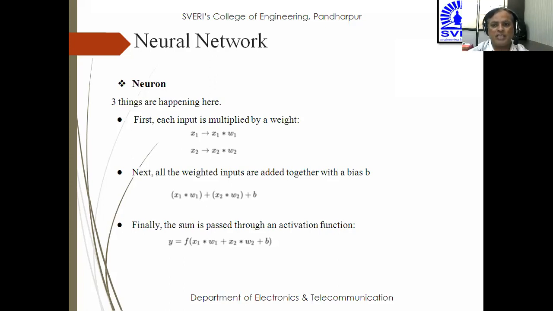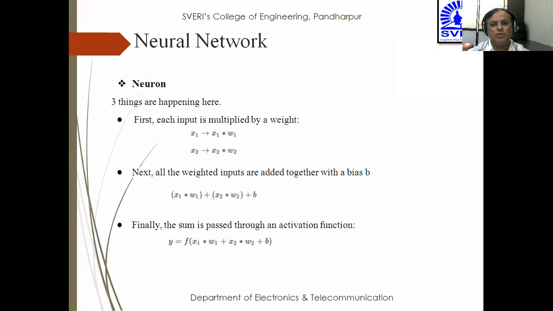Now we'll see what these activation functions are. How the activation function will look like is y is equal to a function of all the parameters that we have weighted together, that is y is equal to f of x1 into w1 plus x2 into w2 plus bias. So this is nothing but applying the activation function.